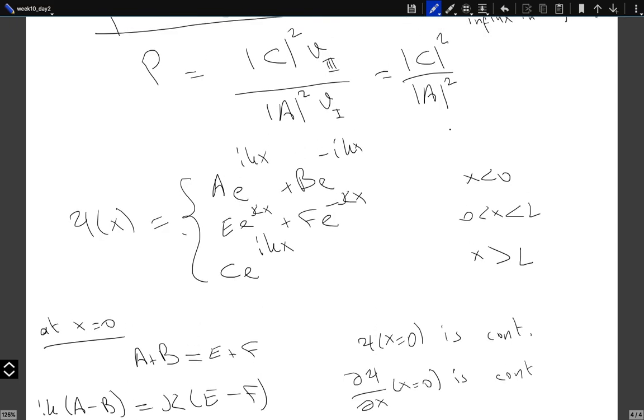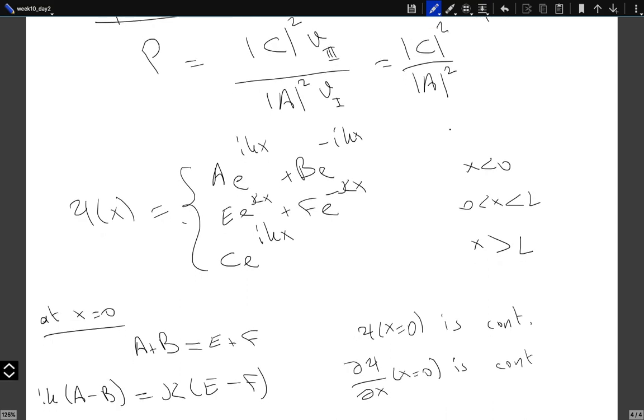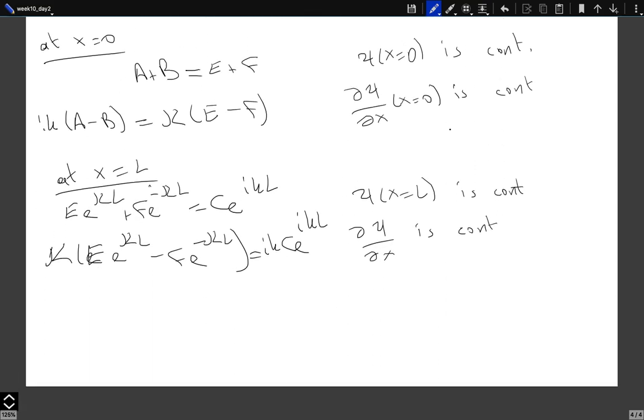We just need to know C as a function of A, as C over A. So I can treat A as something known, which we can fix using normalization. But I will not really care about that. So I will treat A as an input, a known constant. So I have 4 unknowns and I have 4 equations, which will allow me to find C in terms of A.